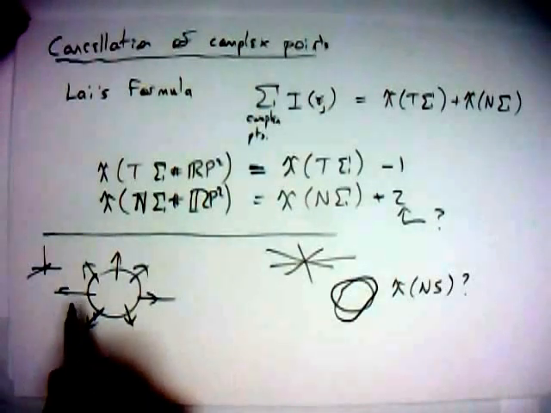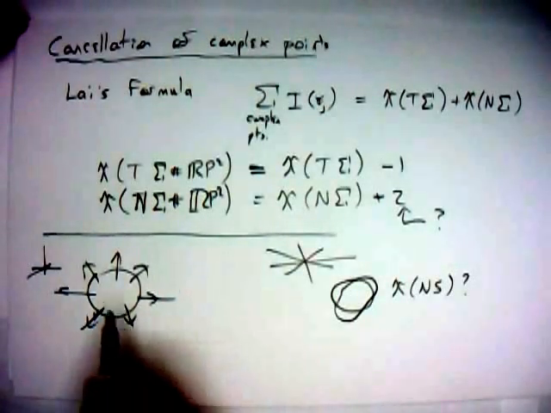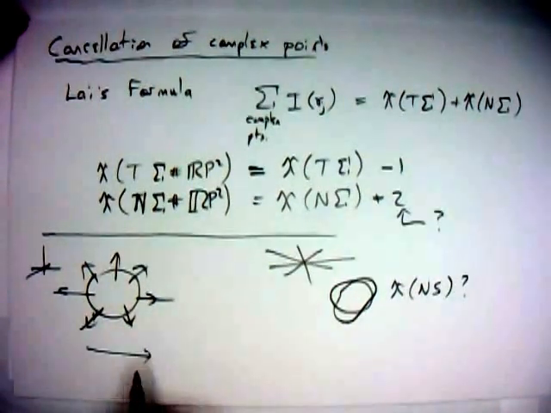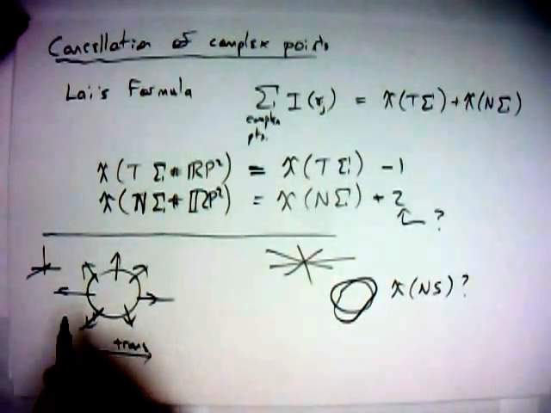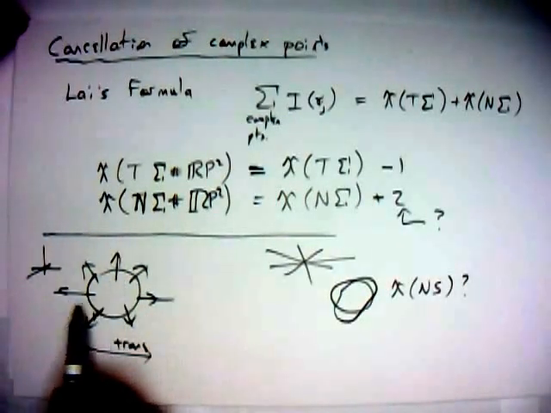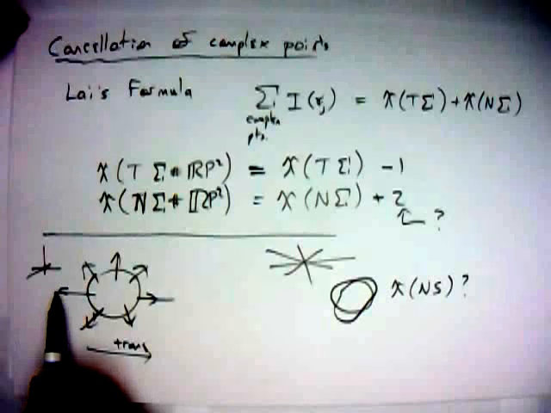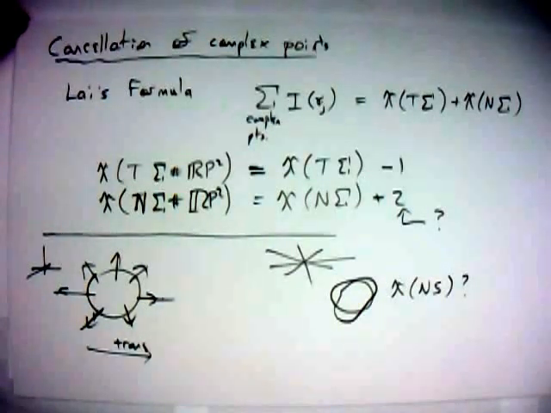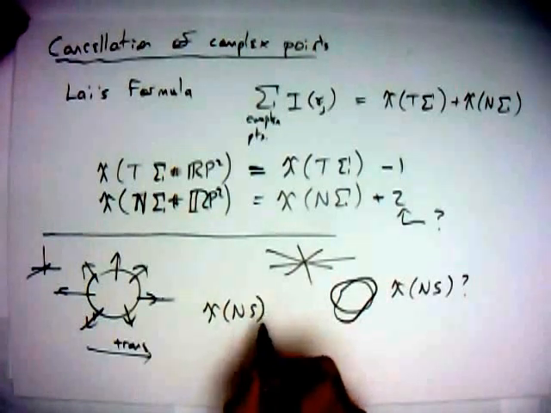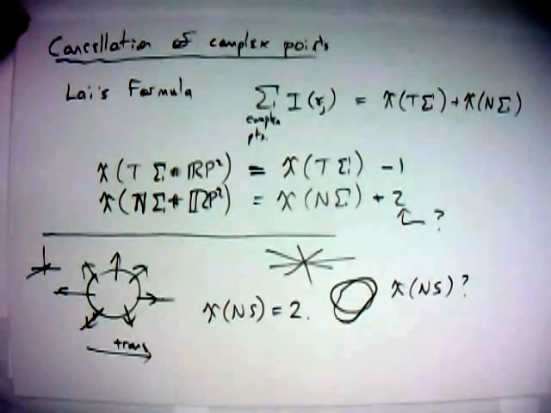Here we have a natural perturbation, which is just to translate the surface. If we translate in this direction, these lines are going to move, and there's not going to be any common normal lines anymore, but the common normal line here and here will give 2 points of intersection, and so we see that the Euler number of the normal bundle for the sphere is in fact 2.